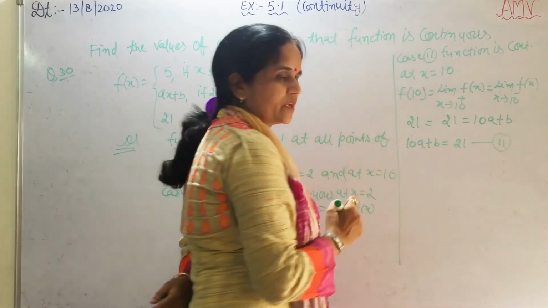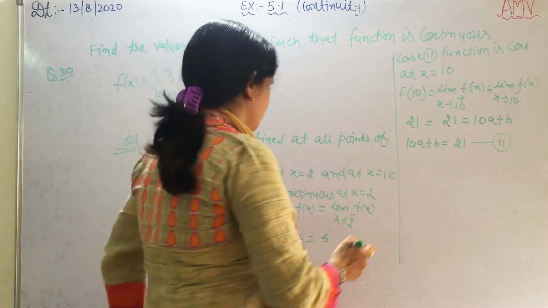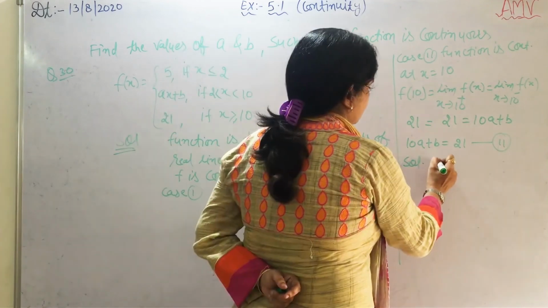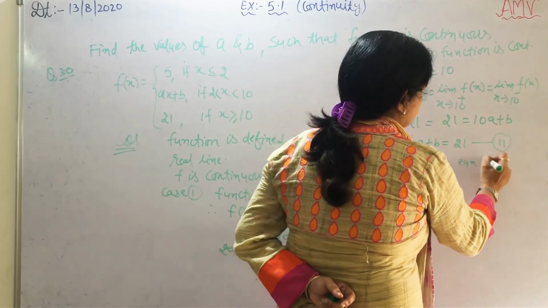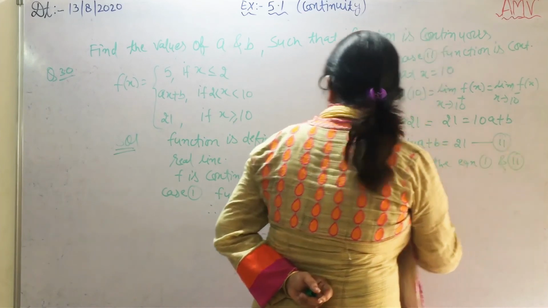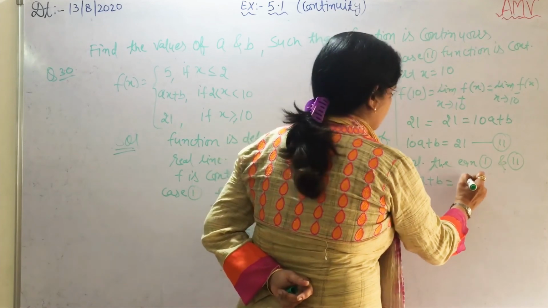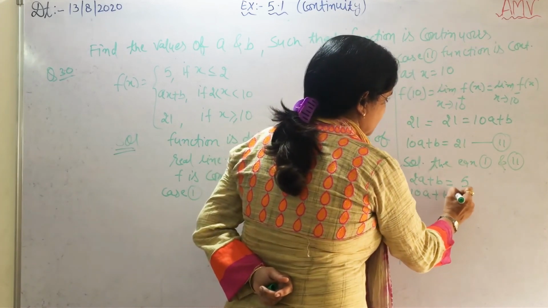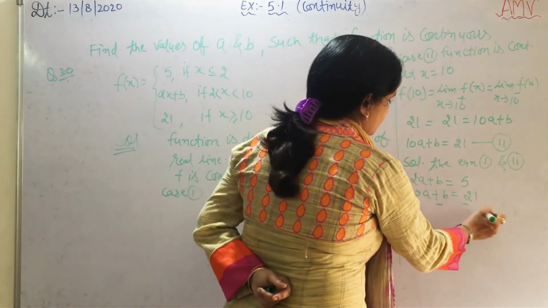Equation 2. Okay, and now solve these two equations. You find the values of a and b. Solve equations first and second. Equation first is 2a plus b is equal to 5 and second is 10a plus b is equal to 21. Subtract these equations.